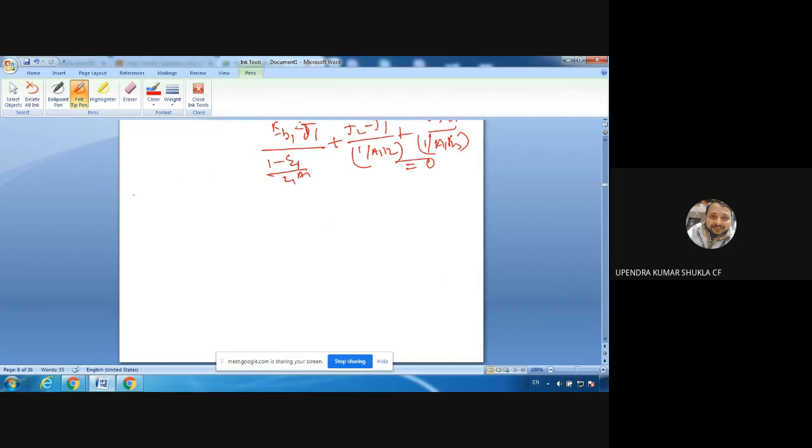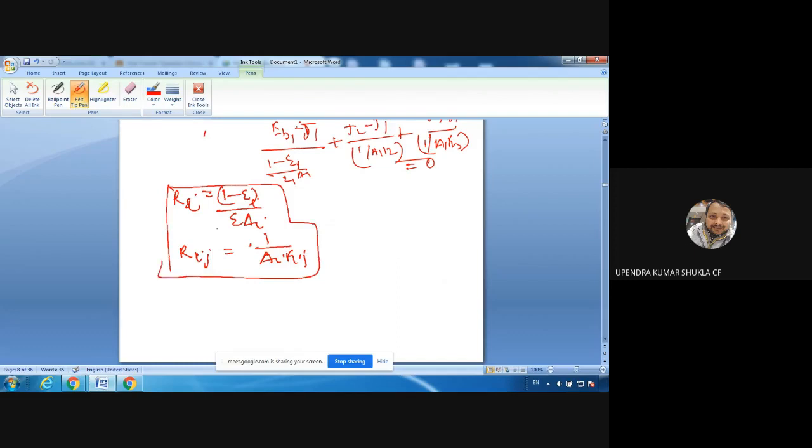Now what we get, we will summarize first. The surface resistance we got is RS, 1 minus epsilon divided by epsilon A of that surface, Ri, and the space resistance Rij is 1 upon Ai Fij. These two things we got, and now I am utilizing these two things: surface resistance and space resistance.